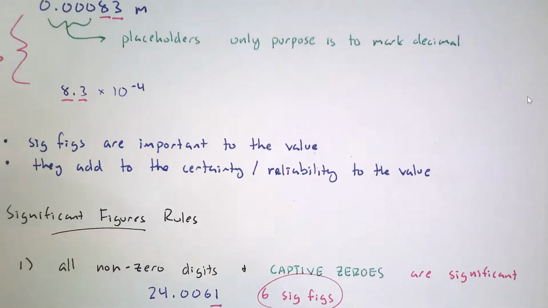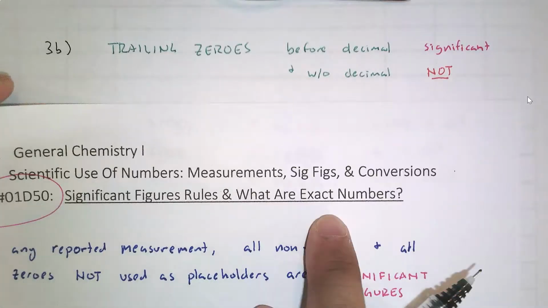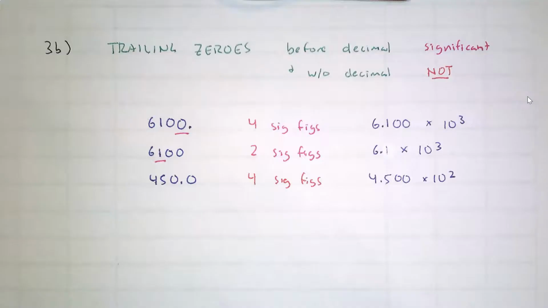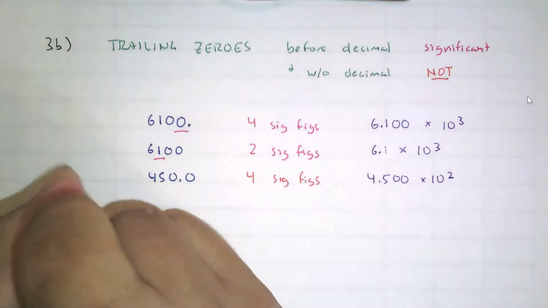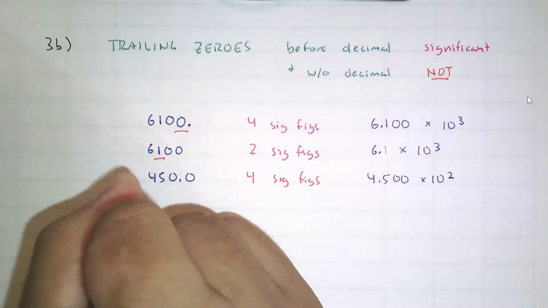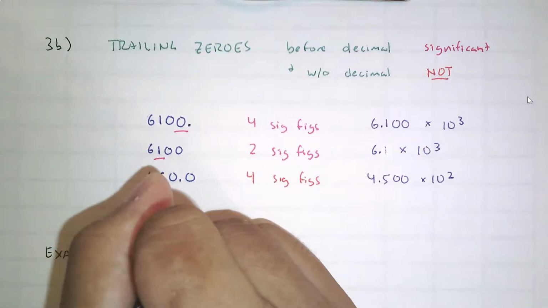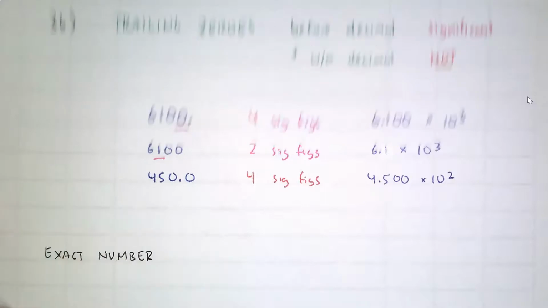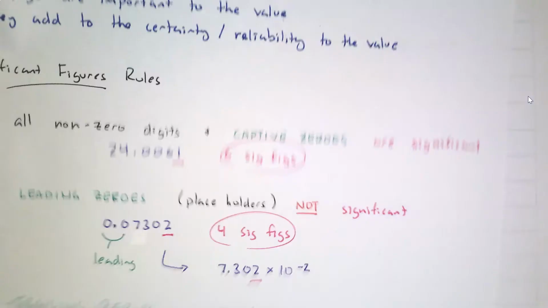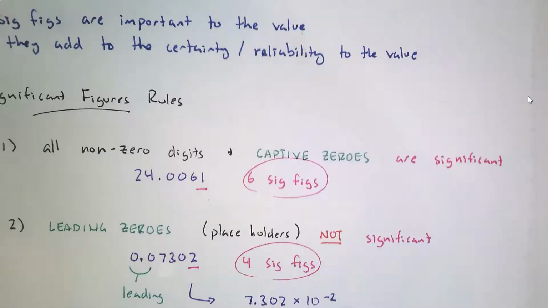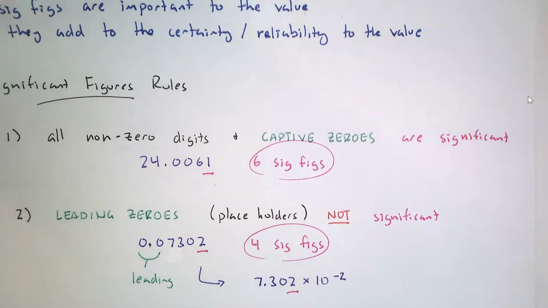The next thing is exact numbers. What's an exact number? And why is it important in the context of significant figures? Because for all of these numbers, at some point, we aren't sure what's after that last digit.